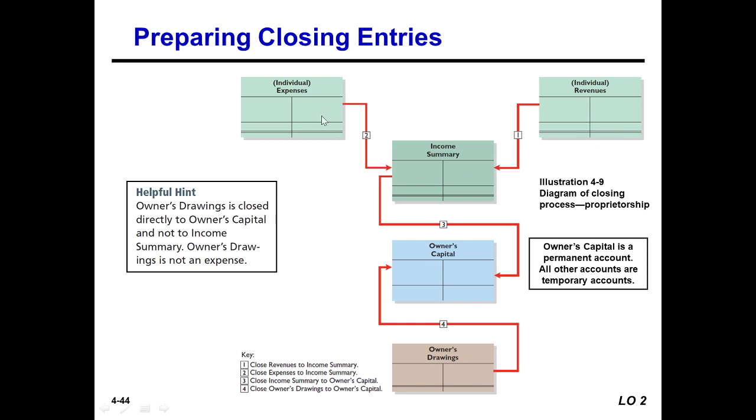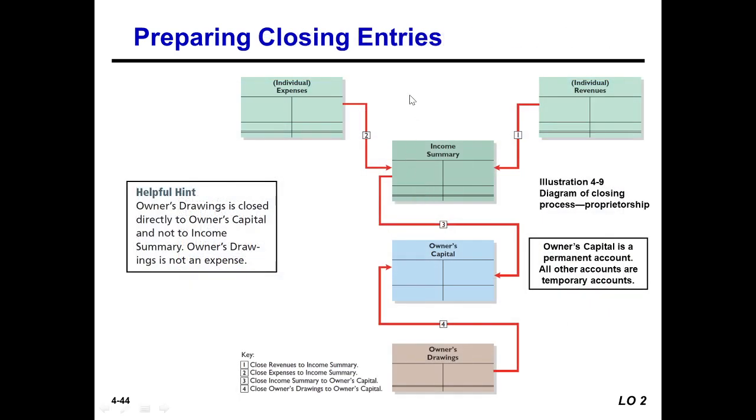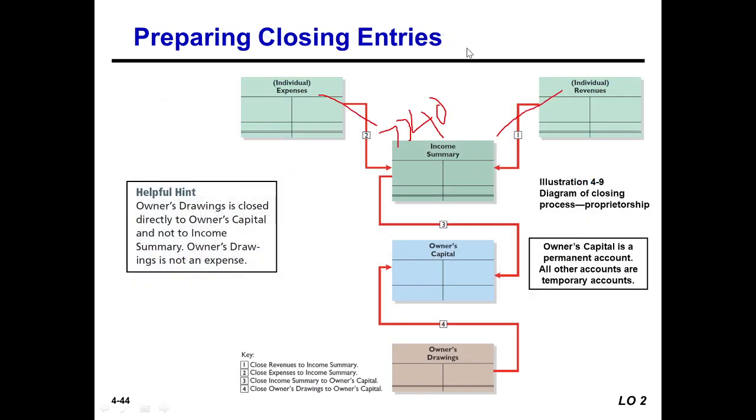Suppose, according to this question, total expenses are 7,740 and total revenues are 10,600.